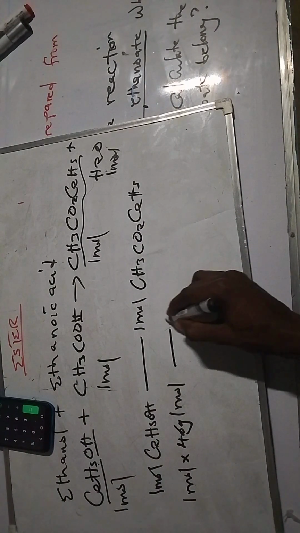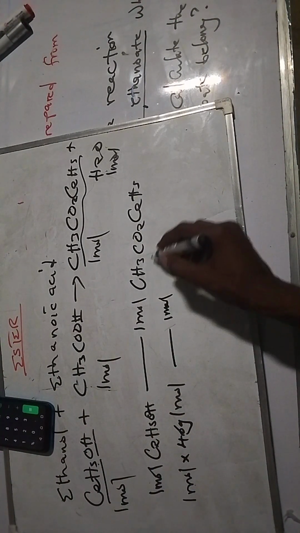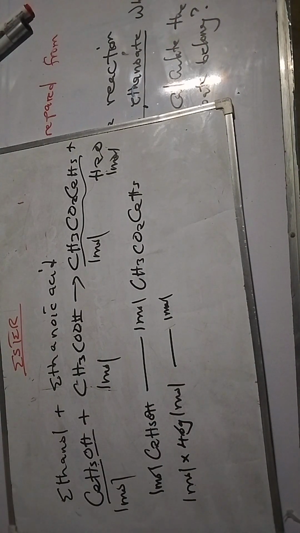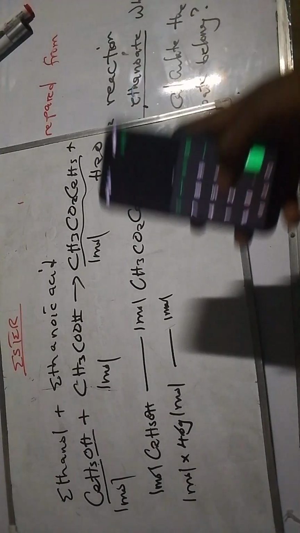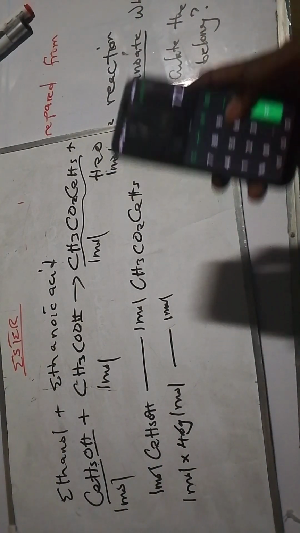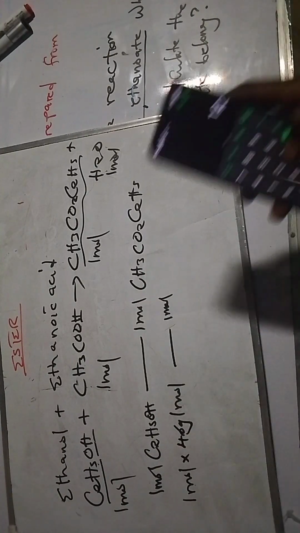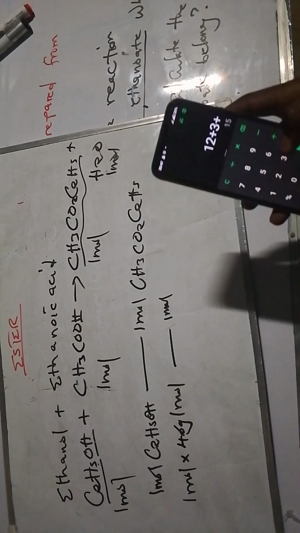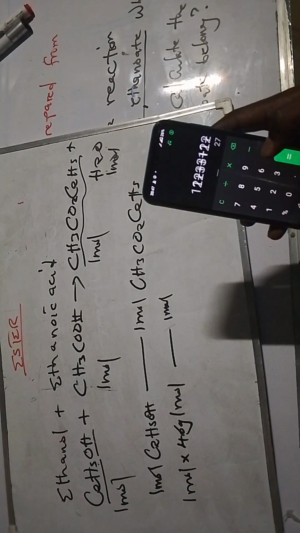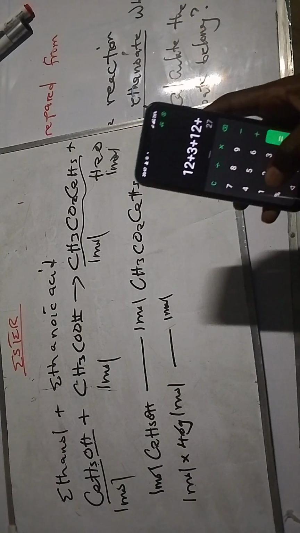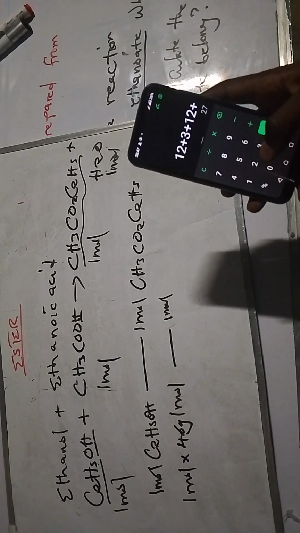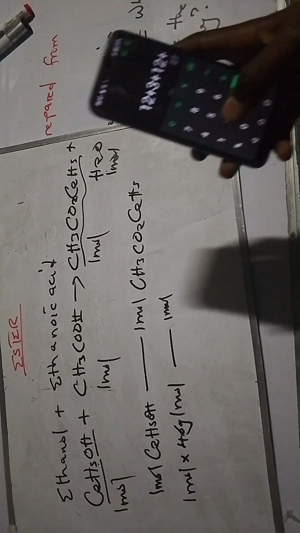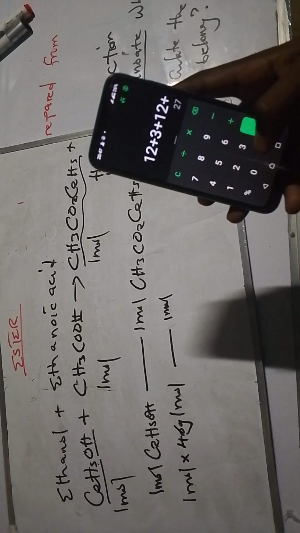Then I'll come this side, one more. Then I need also to do the same thing there. So there, I know that carbon has 12 as mass number, there is no number here, so it means there is 1. So 1 times 12, it is 12. Then plus hydrogen, I have 3, plus carbon again, I have 12, plus oxygen, I have 16. 16 times 2, I have 32.